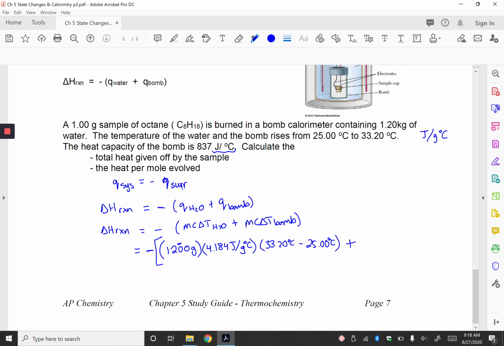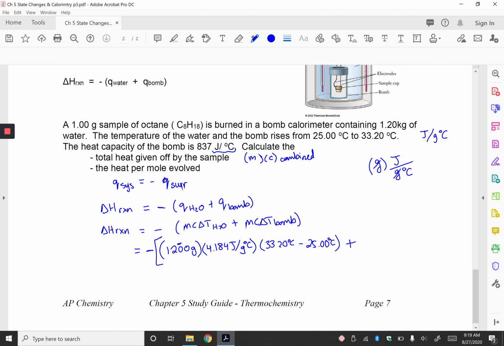What happens is a lot of times when they give you information about the bomb, they'll give you the M and the C combined. How can you tell? Because of the units. So if I take the mass, which is in grams, and I multiply by the C, which is in joules per gram Celsius, my grams will cancel and I get joules per Celsius.